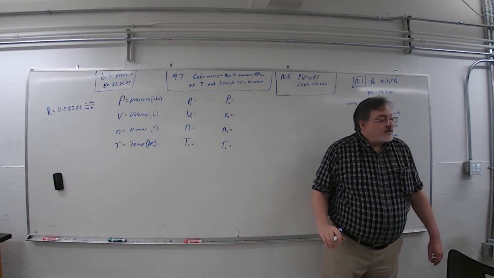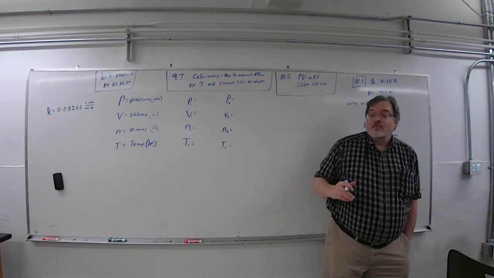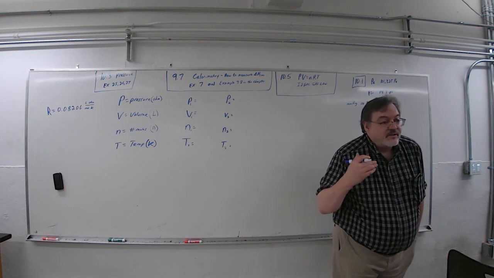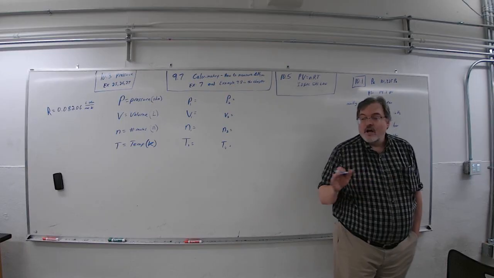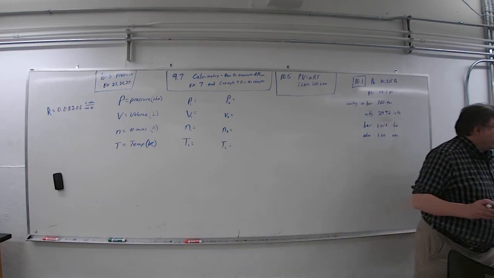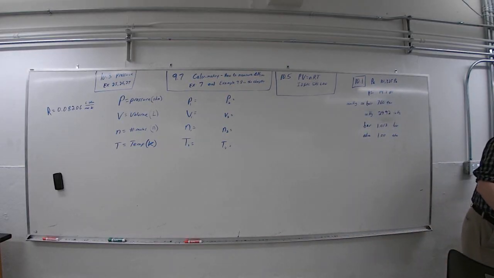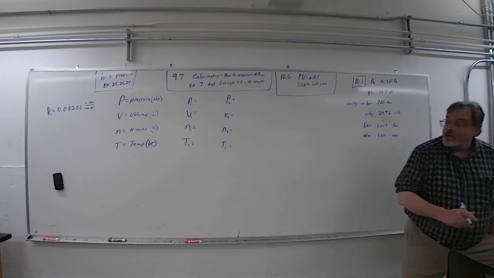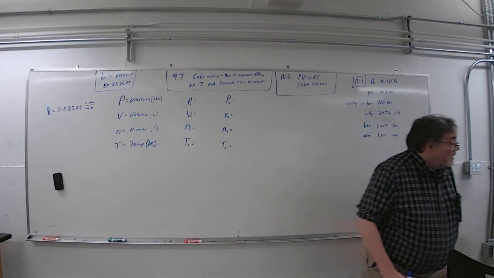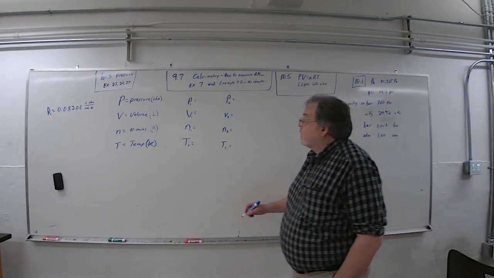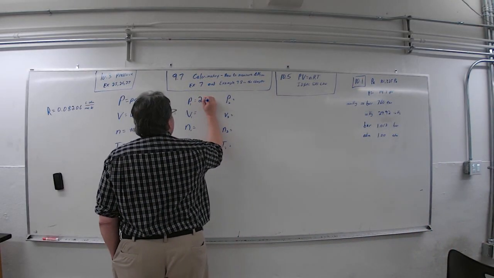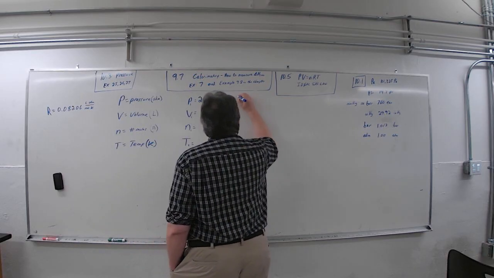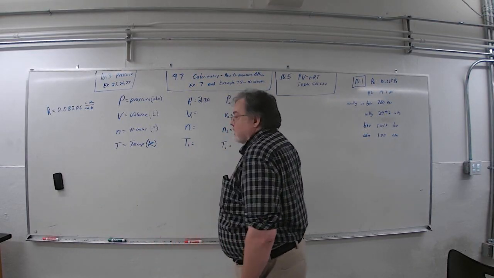What you do is first decide what's changing and what's not. If something's not mentioned in the problem, then it's not changing. So this says pressure of 2.30 atmospheres. What's asked? Calculate the final pressure. So pressure is changing, 2.30 initially, and we're being asked for the final.